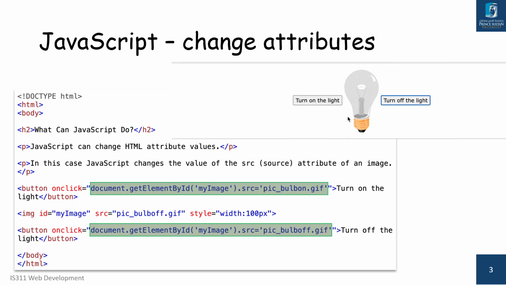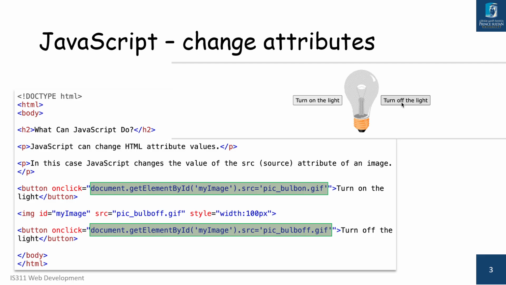So it will show you something like this. If you turn it on, then it is changing that. So it is giving you the effect of turning on the bulb or turning off the bulb, because we are changing the image. That we can do with JavaScript.